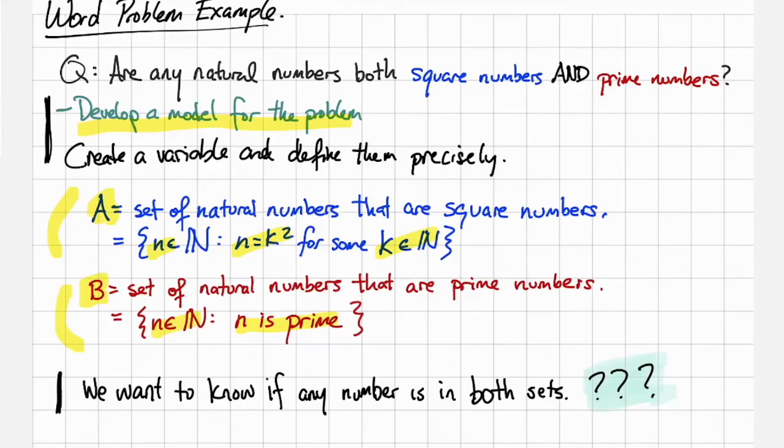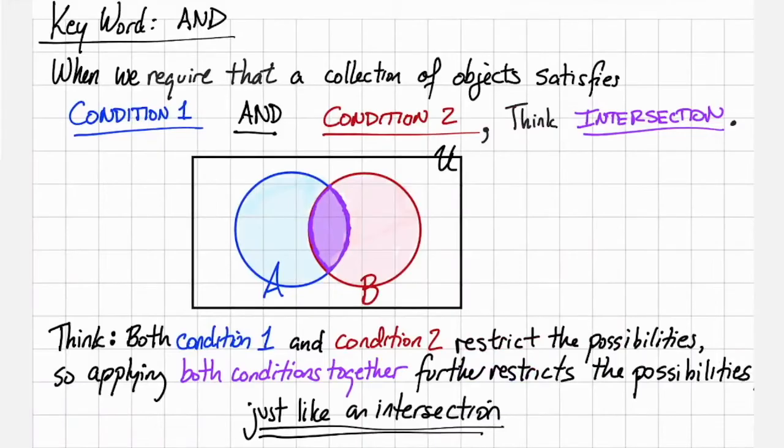Now, throughout this video and the other videos in this learning objective, we're going to focus on some keywords. In this case, we have the keyword AND. When we have a collection of objects that's satisfying two conditions, condition 1 and condition 2, the set operation you should think about is intersection.